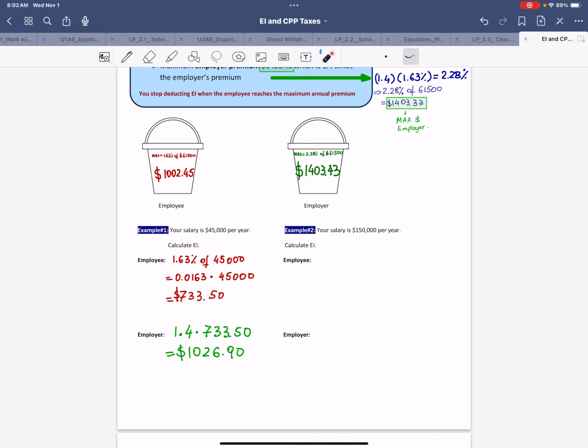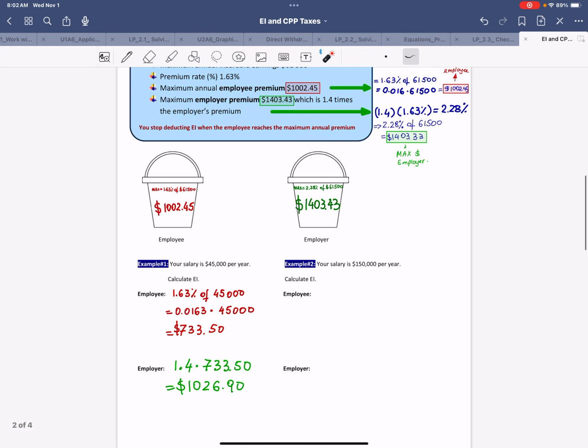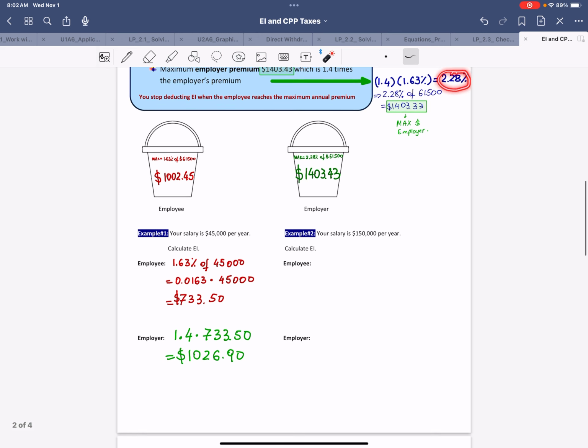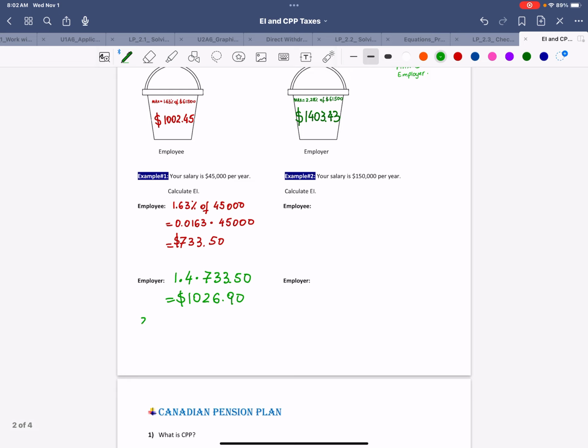As you can see here, this amount is lower than the maximum amount that an employer has to pay. Another way of finding out how much the employer will have to pay is by taking 2.28% of 45,000, which is your salary. So that would be 0.0228 multiplied by 45,000.